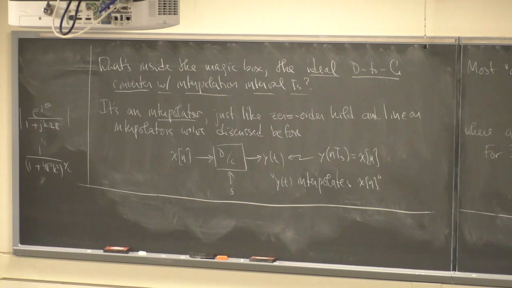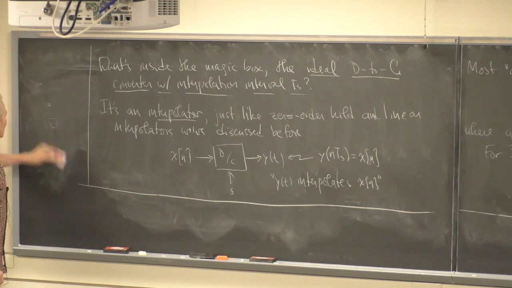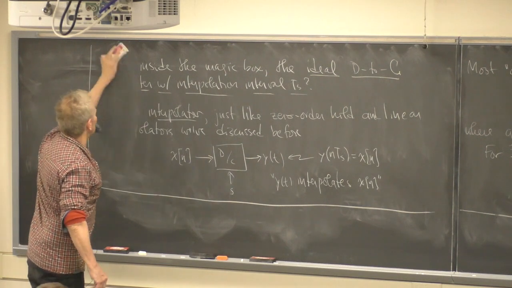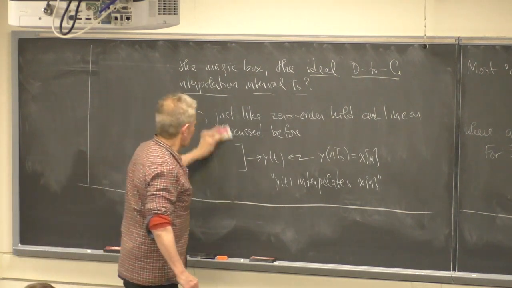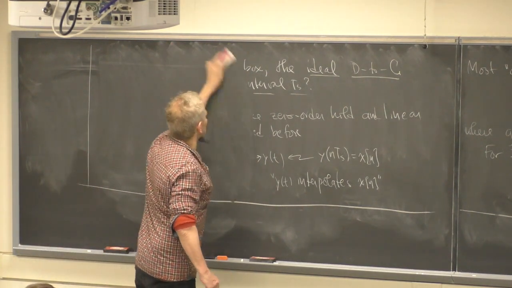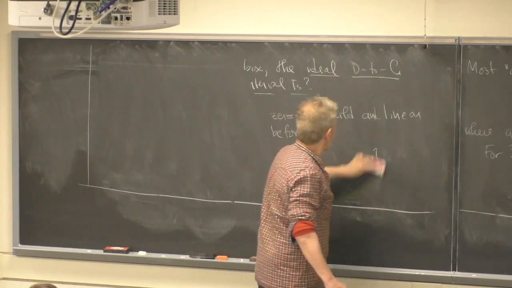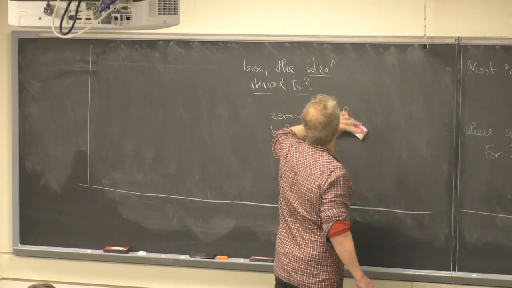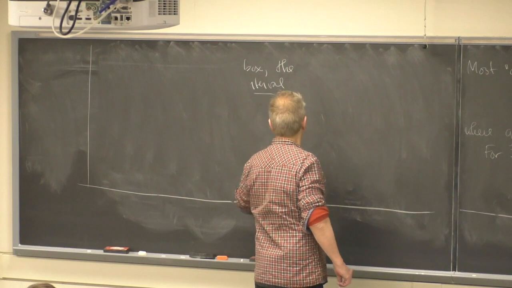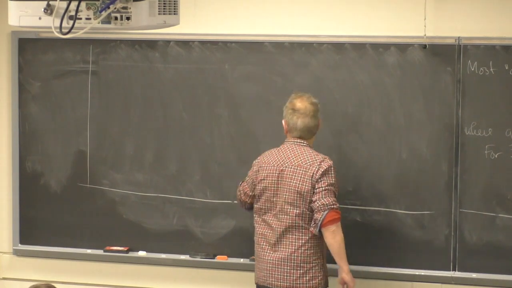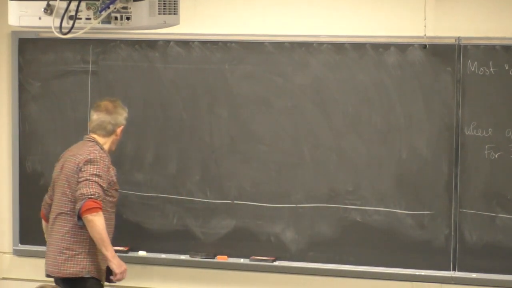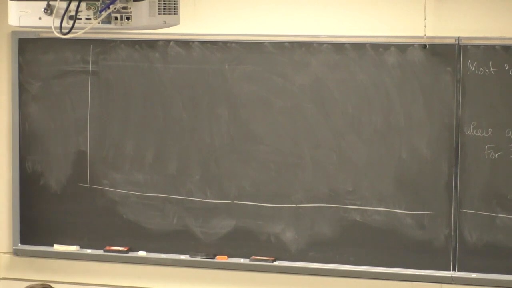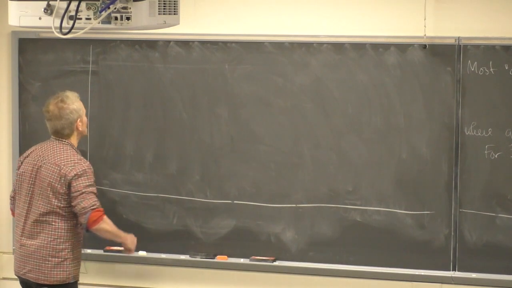OK. Anyway, so I can erase that. Another way of getting at a lot of this stuff having to do with sampling is by means of discrete time sinusoids and their spectra. And so that's what we're going to turn our attention to. This is going to be the last thing we're going to talk about for chapter 4 before we move on to the FIR systems.